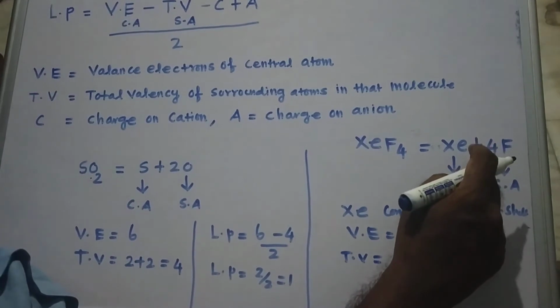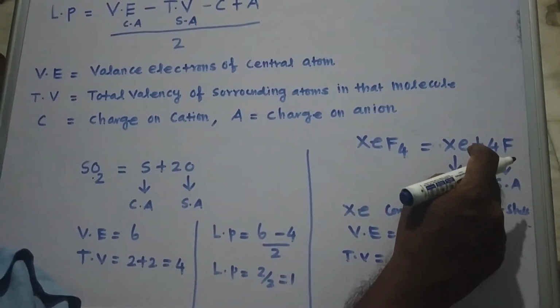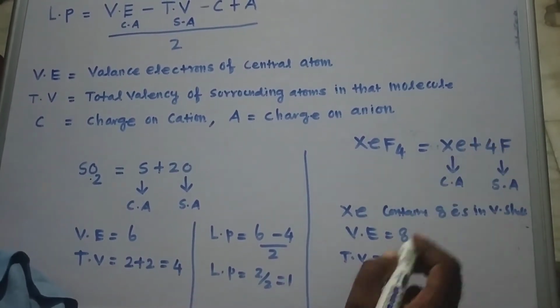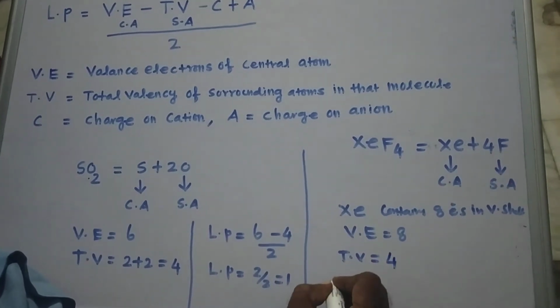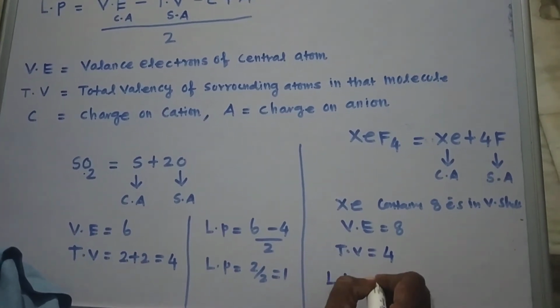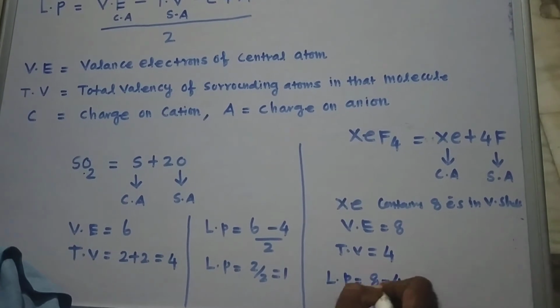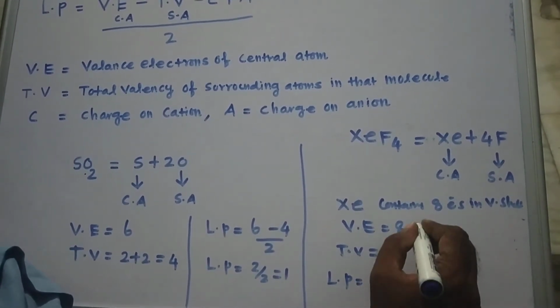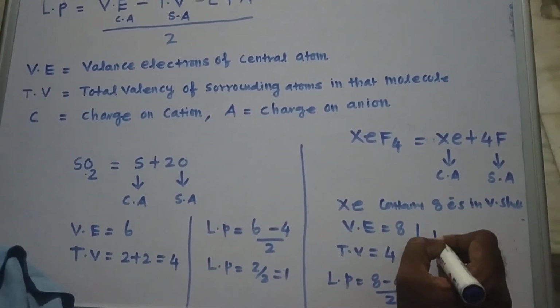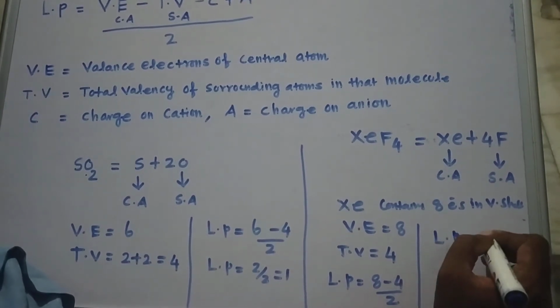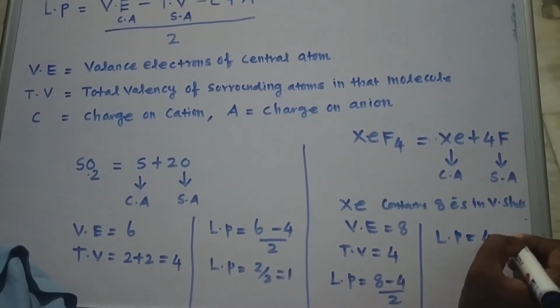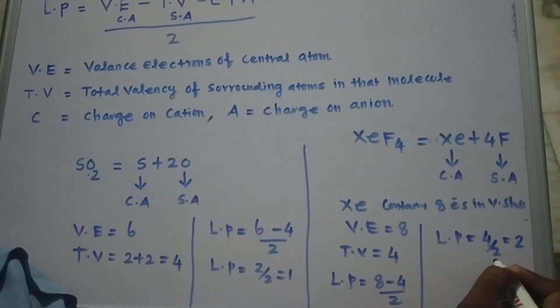Here fluorine is a monovalent atom, therefore for 4 fluorine it is equal to 4. Therefore LP is equal to (8 minus 4) divided by 2, that is 4 by 2, equal to 2. It contains 2 lone pairs of electrons.